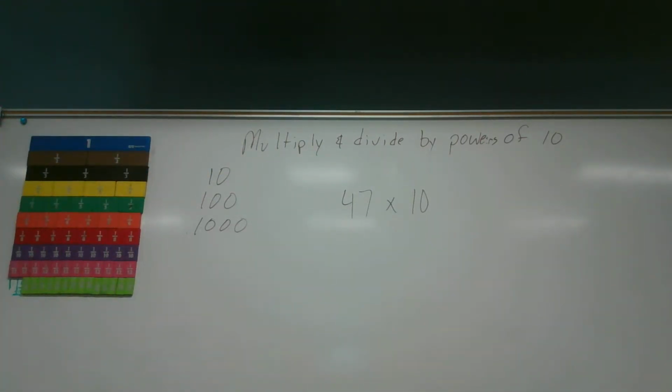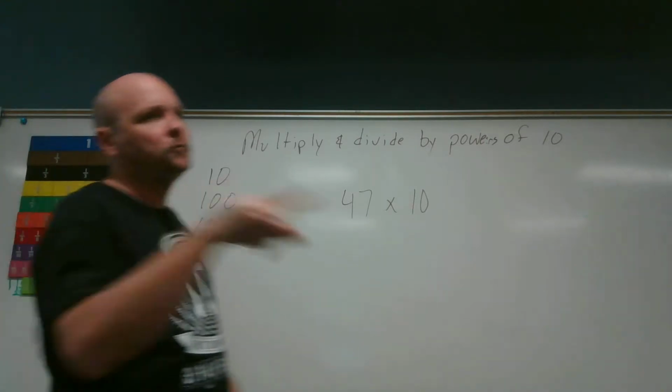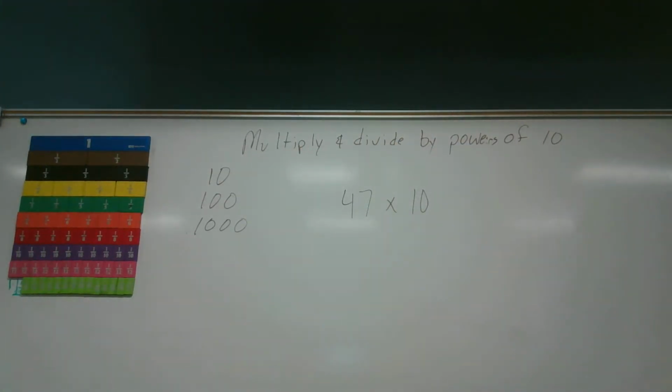So, Alyssa, how have your teachers explained to you to do that problem? How they've taught me is that if you multiply 47 by 10, you pretty much just multiply it by 1 and then add 0. Okay? So, what many of you have been taught in the past is to just add a 0. Not entirely accurate.